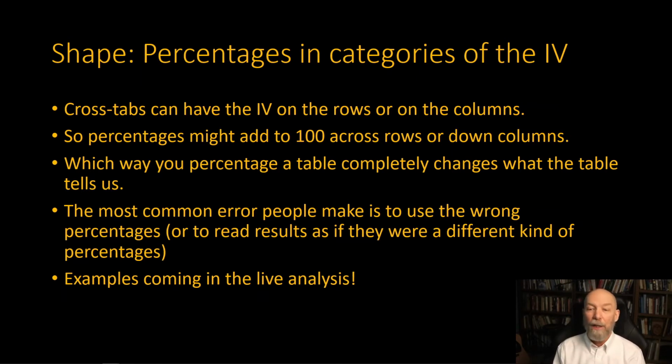Probably the most common error I see novices make is they percentage the table the wrong way, or they read the table as if it's percentaged differently than they've actually done it, and they make grievous errors in understanding what they're seeing. In fact, they just make nonsensical claims. Okay, so now let's look at some live examples of this.